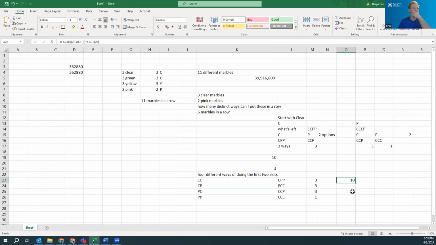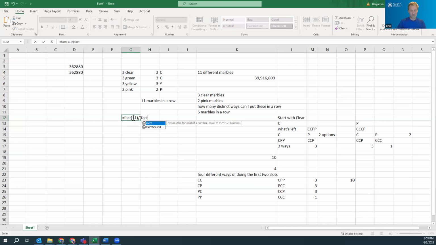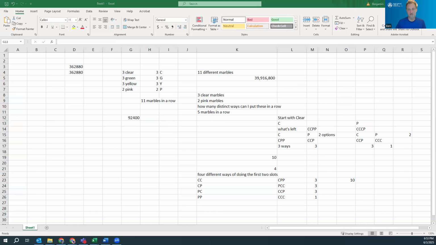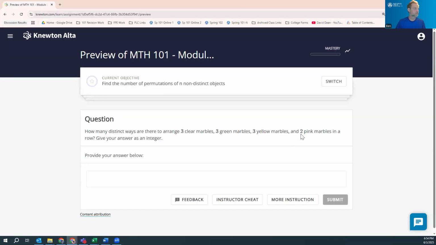This is interesting. And so my guess is that it would be factorial 11 divided by factorial 3 times factorial 3 times factorial 3 times factorial 2, which is still 92,400. I'm going to pop that in and see if it's right.